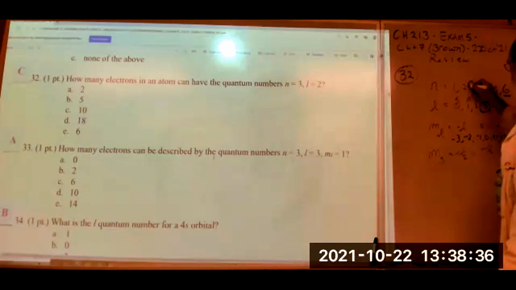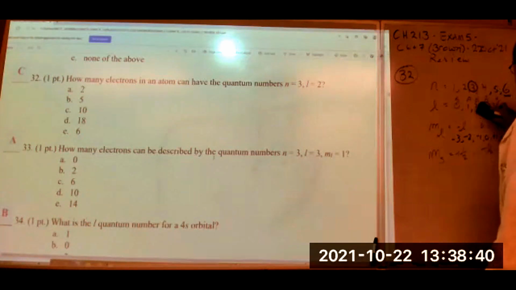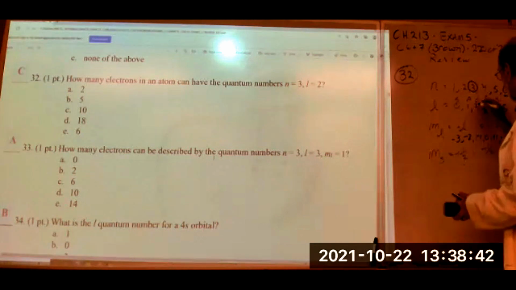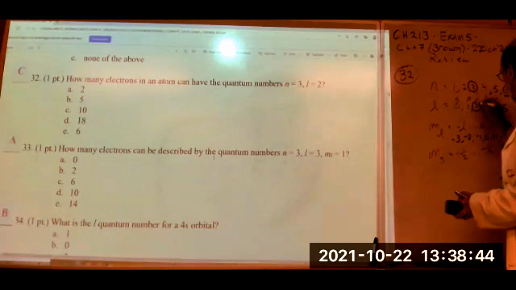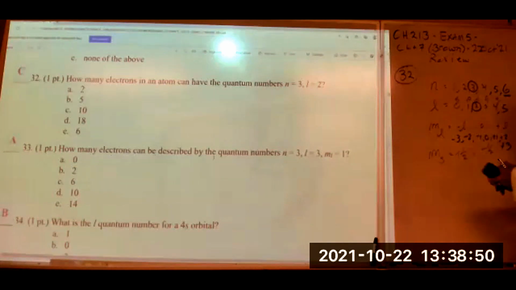So if n equals 3 and L equals 2, then we take 2 and spread it out. And it can have -2 up through +2. So that's 5 orbitals.